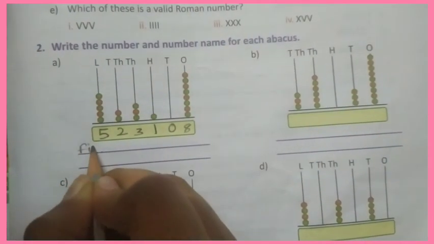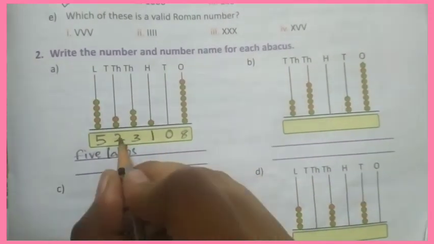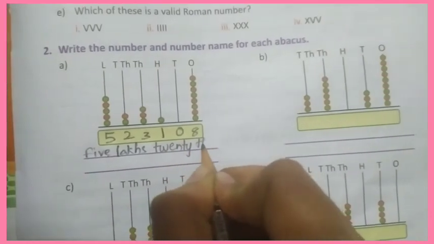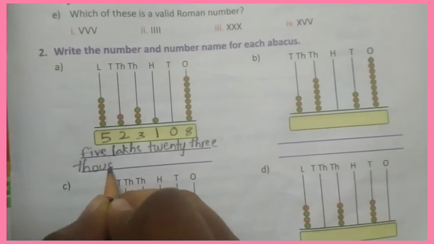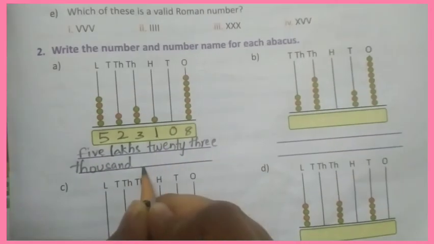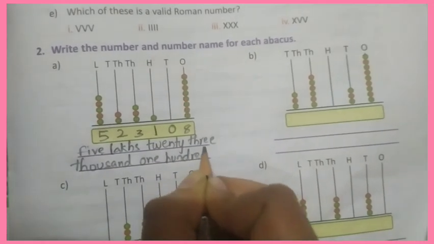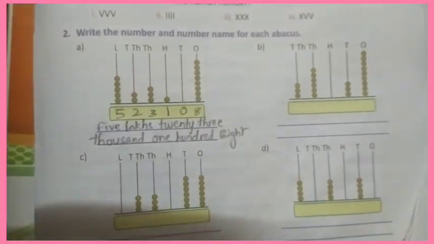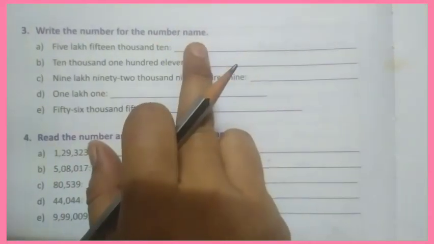So 5 lakh... 23,108. Like this you have to complete all of these. This is your homework. Okay, write the number for the number name.